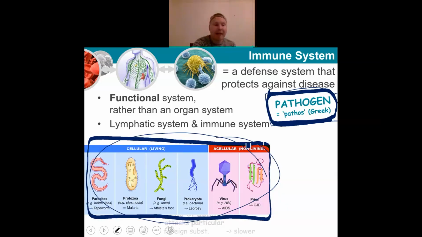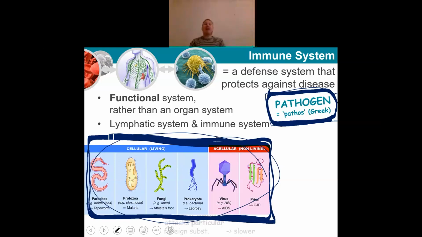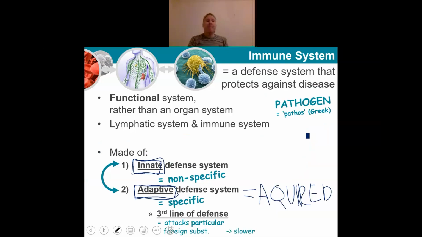Pathogen is just a general term that we use for all of these. So rather than saying it can be this or this, we just call them all pathogens. They're something that shouldn't be in your body. And this is where the immune system becomes important.